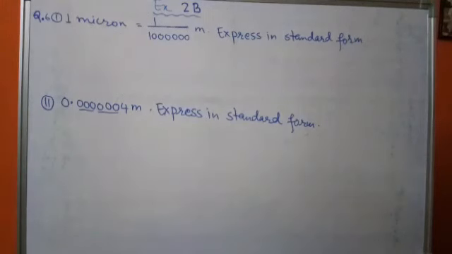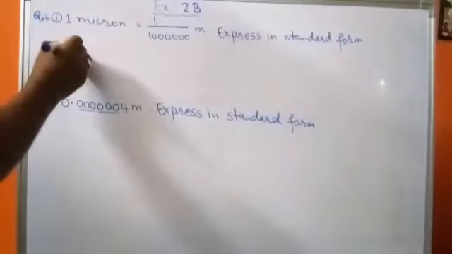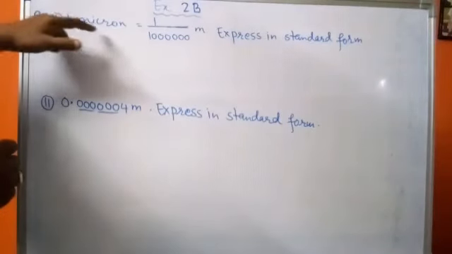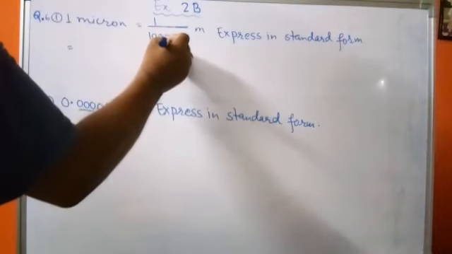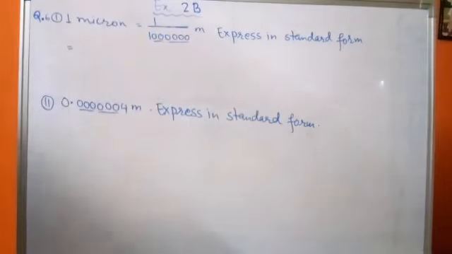Now students, in question number 6, we see 2 different questions are given. Both numbers are given in very small form. In the first question, 1 micron is equal to 1 by, that is 1, and after 1 there are 6 zeros.